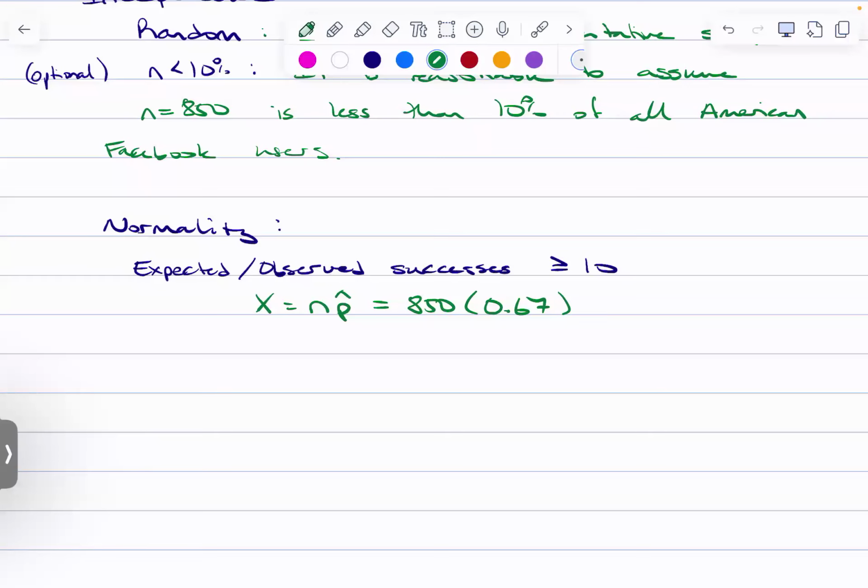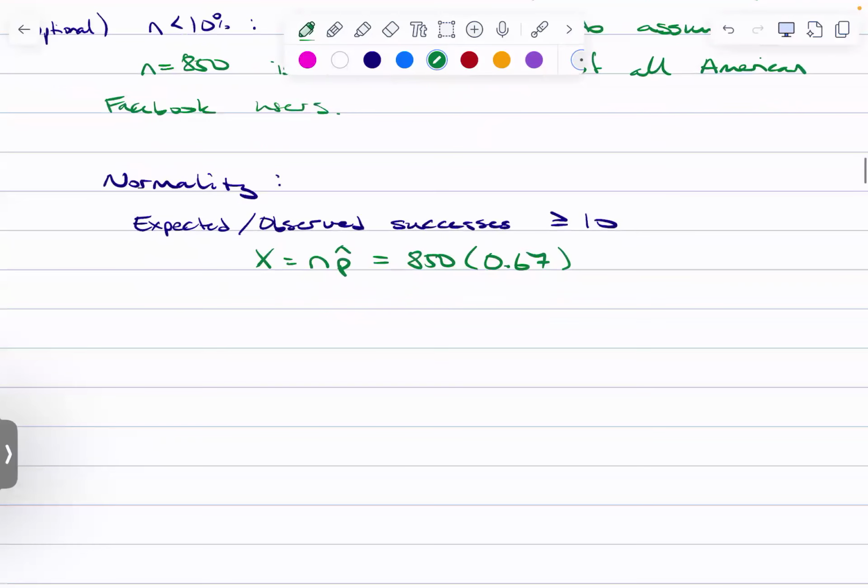Usually, because the 67% is rounded, I'm not going to get a nice clean number, but let's try it. Which is 569.5. That's greater than or equal to 10. Great.